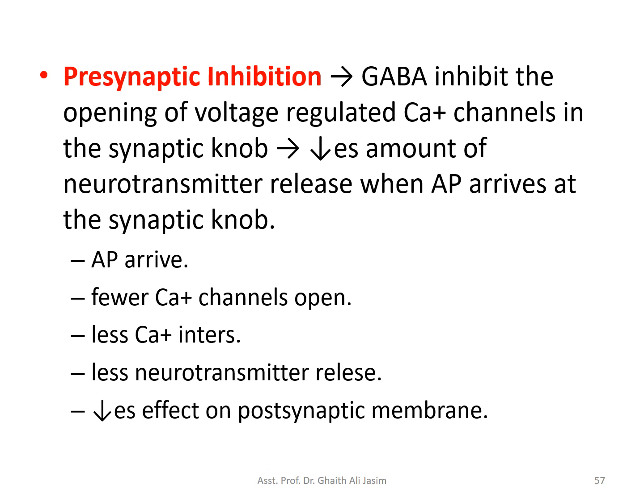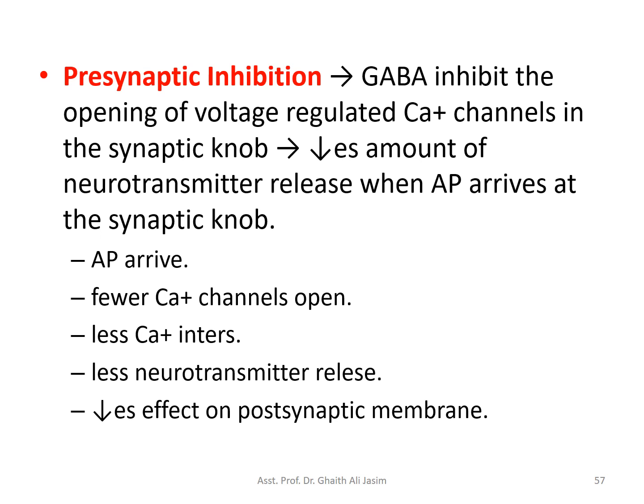While in the presynaptic inhibition, GABA as a neurotransmitter inhibits the opening of voltage regulated calcium channels in the synaptic knob, causing decreased amount of neurotransmitter released by the presynaptic membrane.